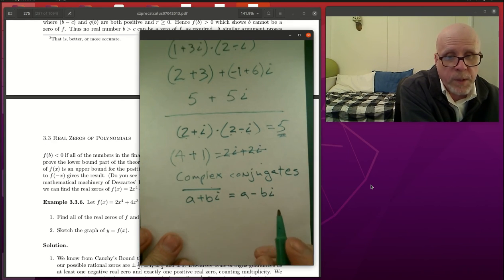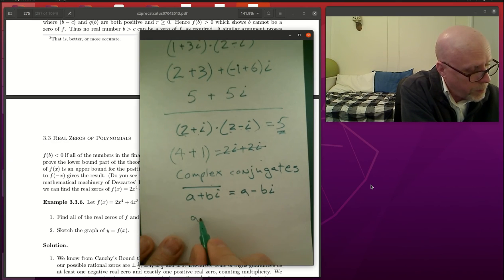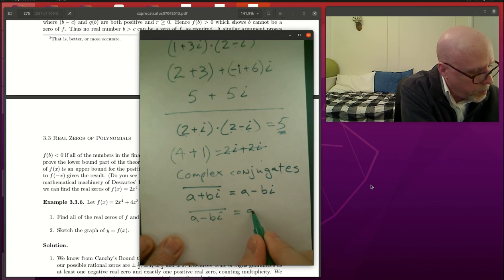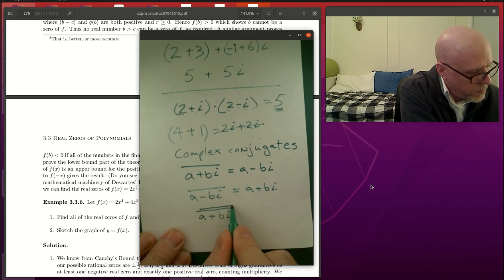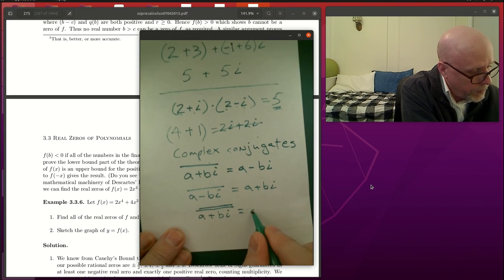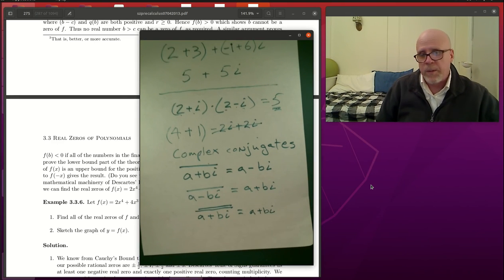Just if there's a plus sign, replace it with a minus sign. Similarly, if I take a minus bi and put a bar over that, that'll be a plus bi, which is kind of interesting. It gives you a rule that you can use. A plus bi conjugated twice is a plus bi. That is, if you do the conjugate twice in a row to something, you just come back to where you started.